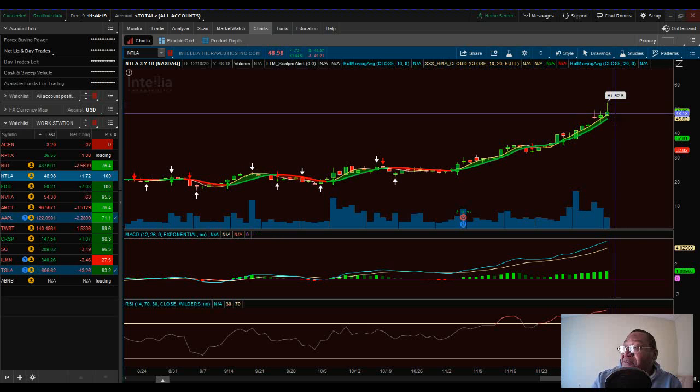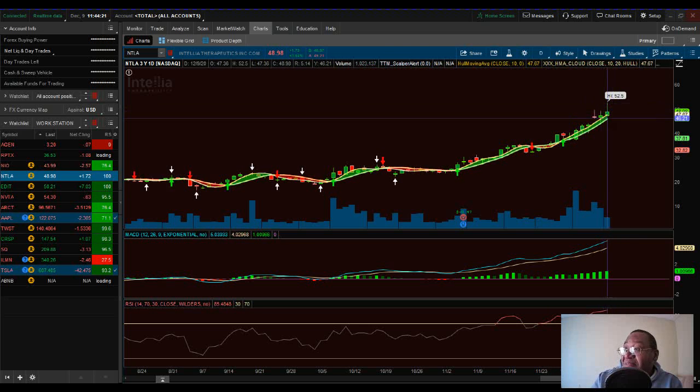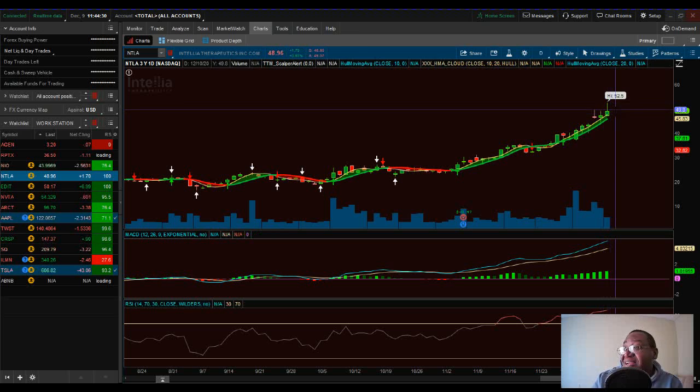If you've been following my series, I believe it was video 3 where we talked about reversal patterns. This is a strong reversal pattern right here. I'm not gonna do it.